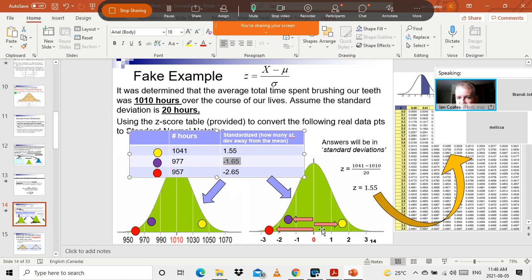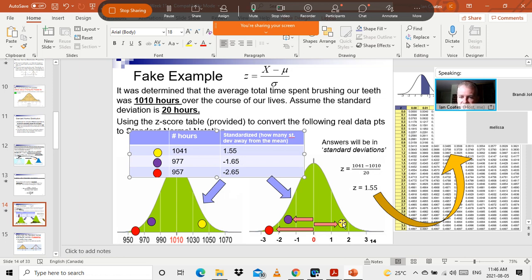And notice here that we were counting the number of hours you take brushing your teeth. Look how we're counting now. It's standardized, right? So we're still counting the number of hours brushing teeth, but what we've done is now we're counting in standard deviations away from the mean.